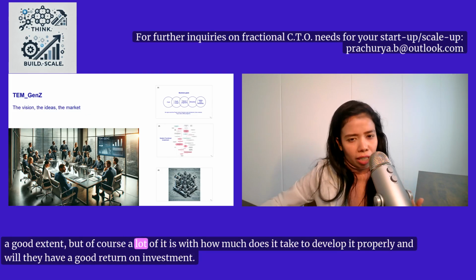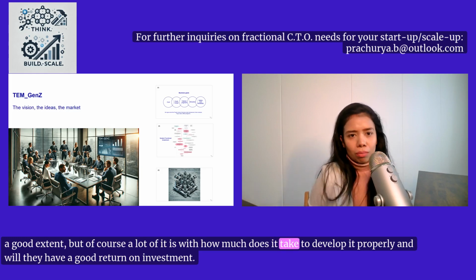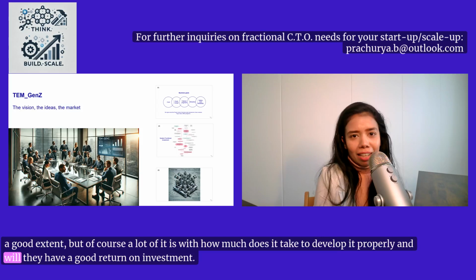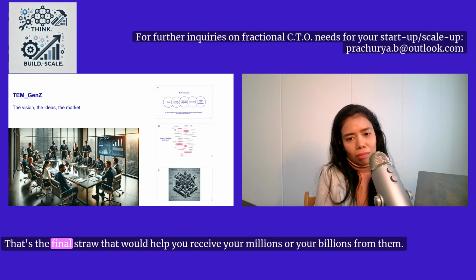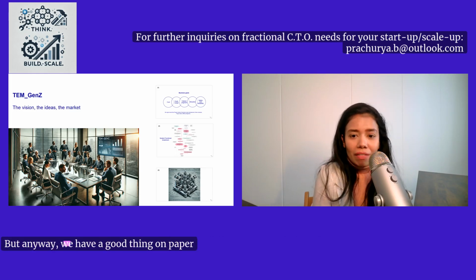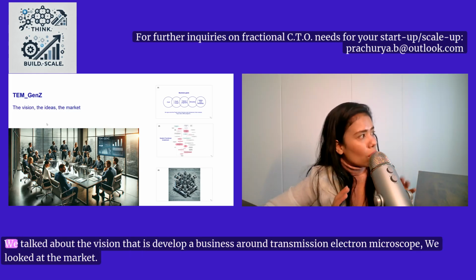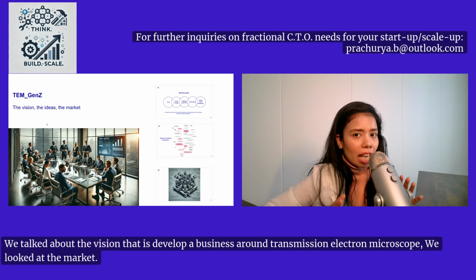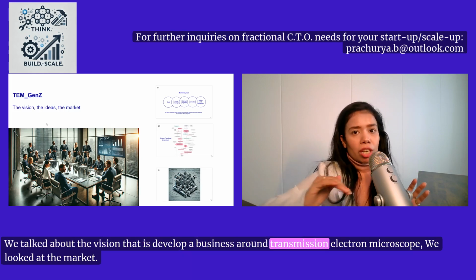But of course, a lot of it depends on how much it takes to develop it properly, and whether they will have a good return on investment. That's the final straw that would help you receive your millions or your billions from them. But anyway, we have a good thing on paper. TEM Gen Z, the product: we talked about the vision, that is, to develop a business around the transmission electron microscope.